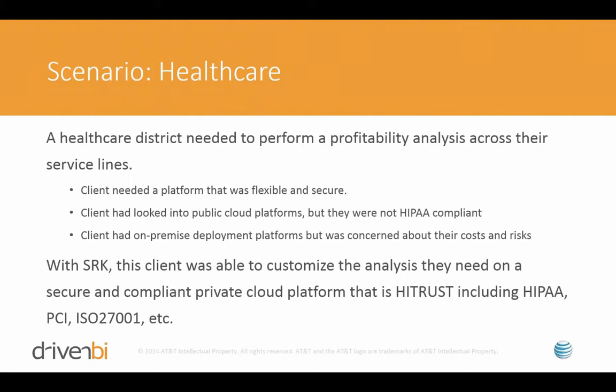However, the problem was that they were not HIPAA compliant and didn't provide enough data security. Also, current on-premise solutions proved to be very costly and full of risk. SRK provided the client a flexible and secure platform that was high trust, including HIPAA, PCI, and ISO 27001 certifications.